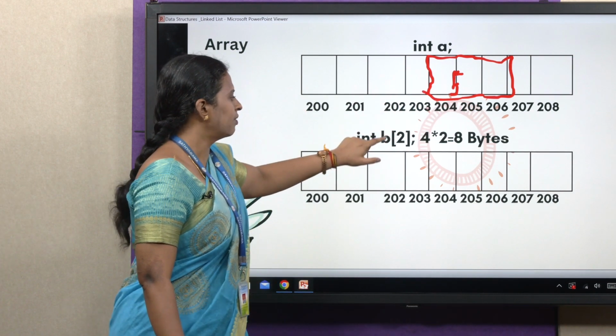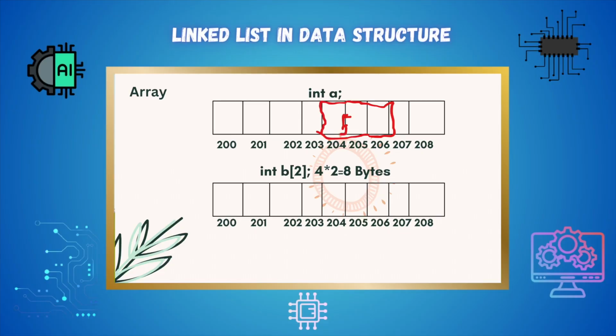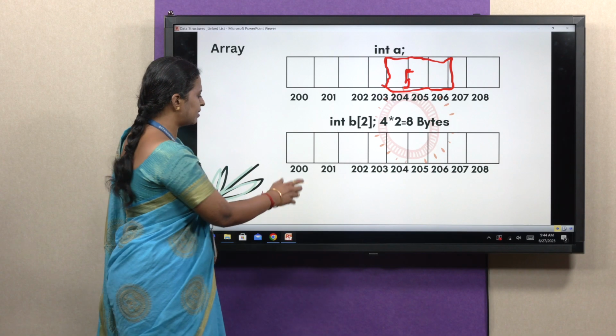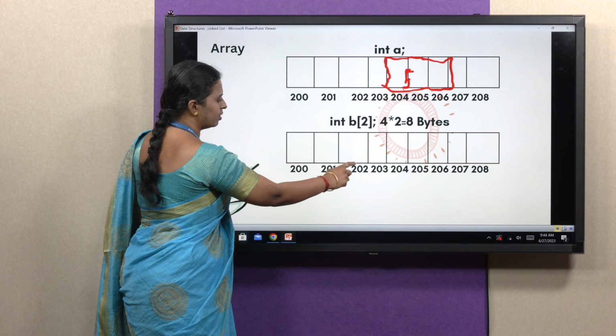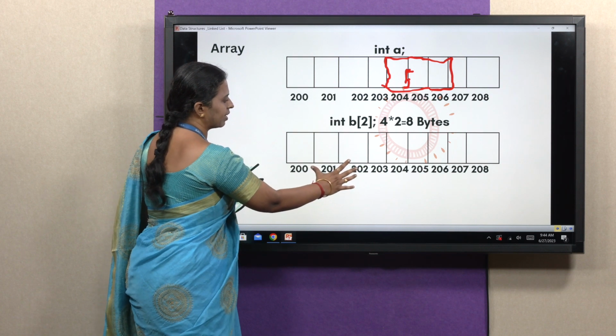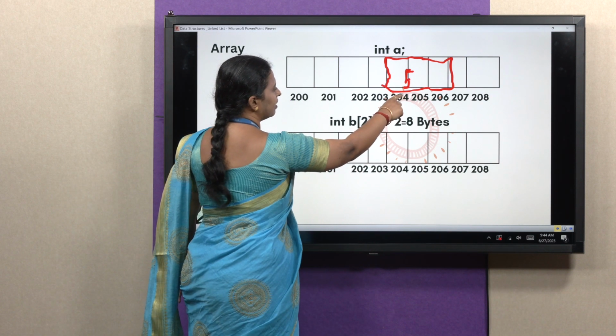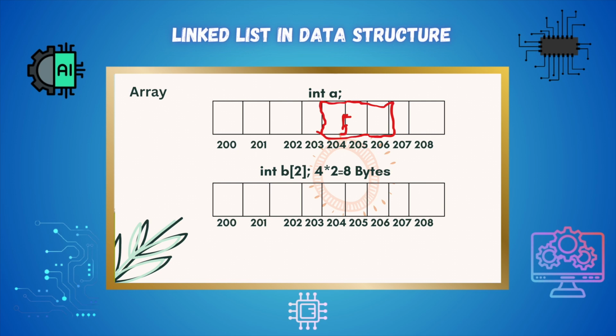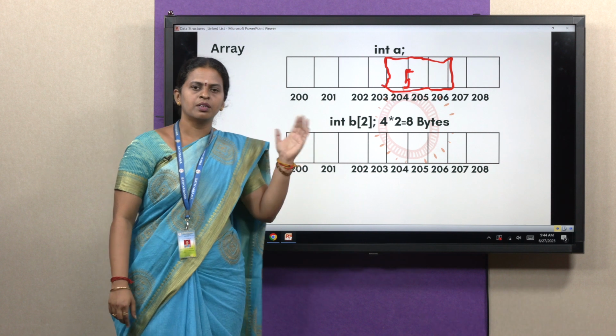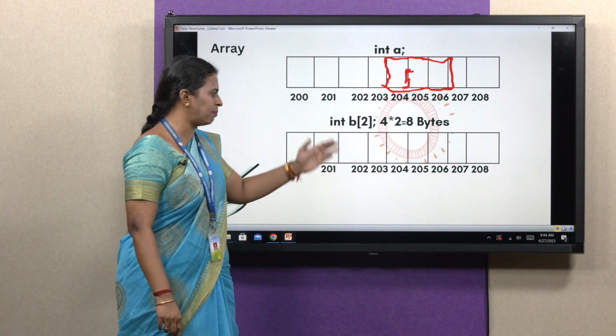Suppose we are giving another two elements, integer b of 2. Totally it will occupy 4 into 2, 8 bytes, right? So 8 bytes starting from 200 will be allocated, but element 5 is already there. So we can't do that in a single block, so we have to do it in a separate block.